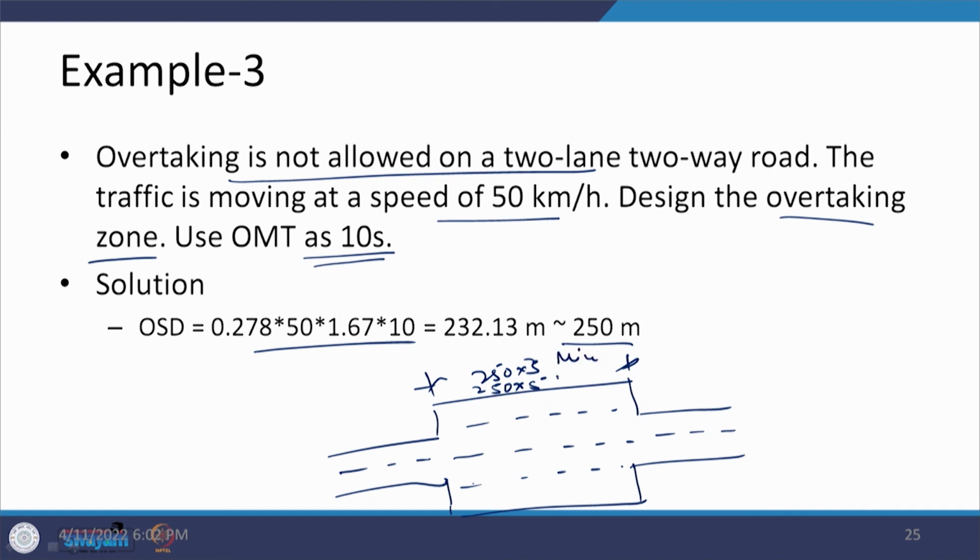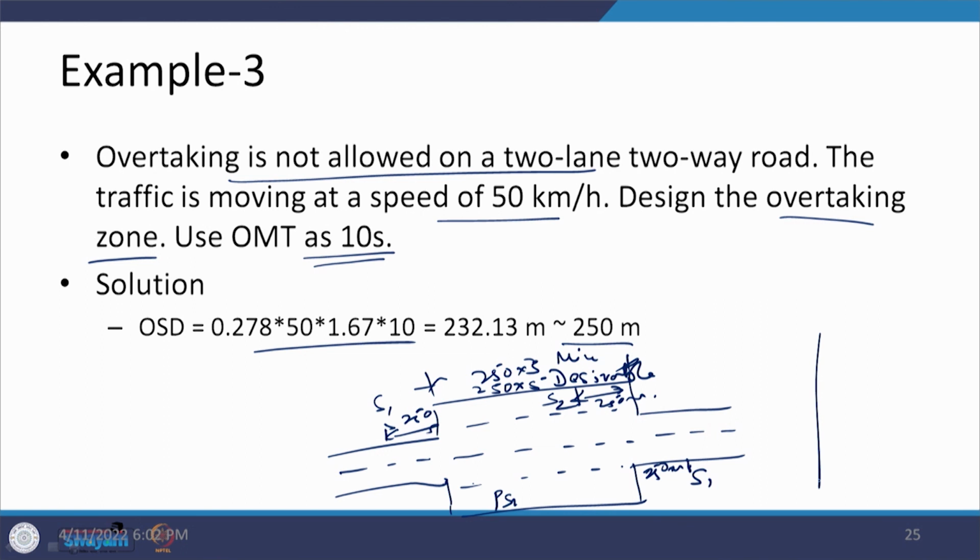This is minimum, this is desirable. We are going to provide a sign S1 here at a distance of 250 meters, again S1 here at 250 meters, and similarly a sign S2 here and a sign S2 here, again at 250 meters. That is how our overtaking zone can be shown.